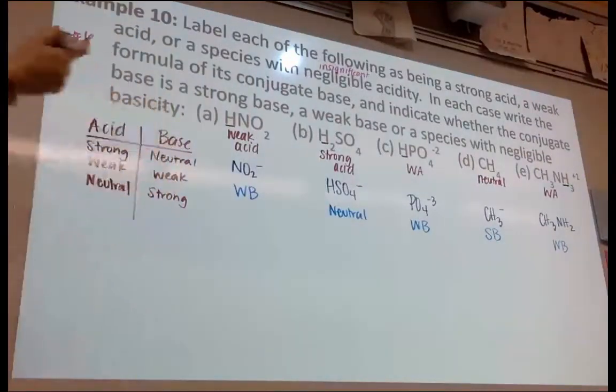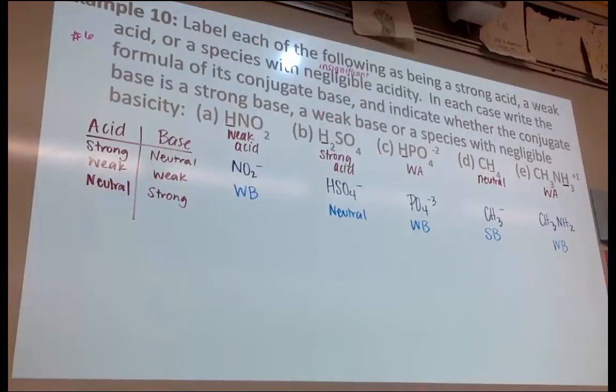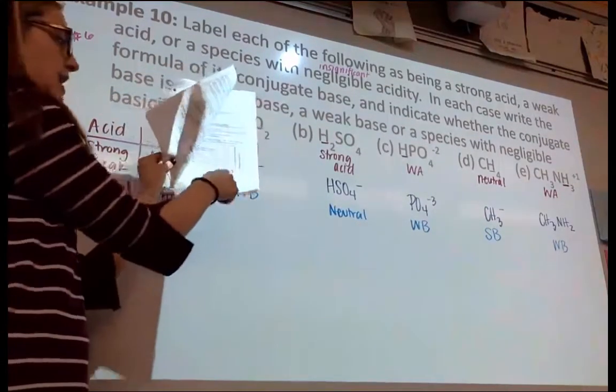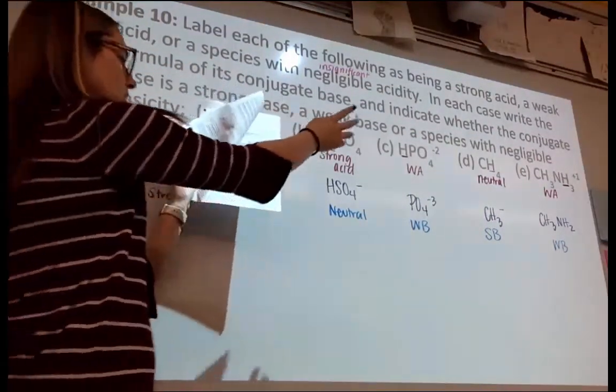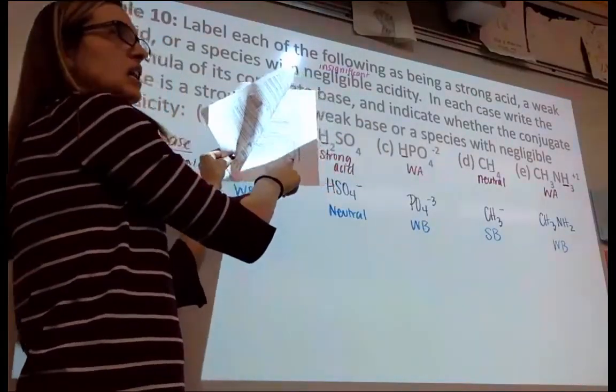So this allowed us to go through and to look at if something is strong, weak, or neutral. In the notes, there's that chart as well. I believe the chart was on page 3 that showed the acids and the bases. And so for some things like CH4, you could look on here for the acidity.